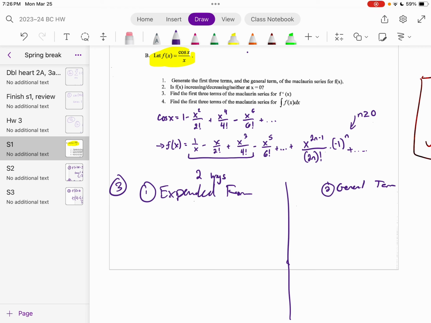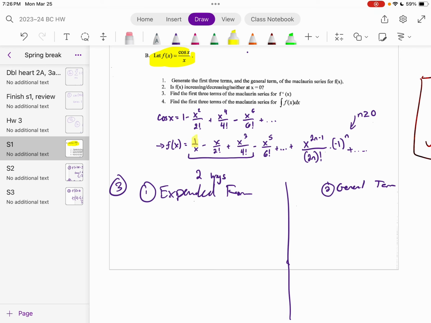But now it gets a little tricky because they want us to find 3 terms of the Maclaurin series for the derivative of f. And we could certainly take the derivative of f of x up there highlighted, but that's not necessarily where we want to go with this. Instead, we want to think about how we could take the derivative of this f of x. And there's sort of 2 ways.